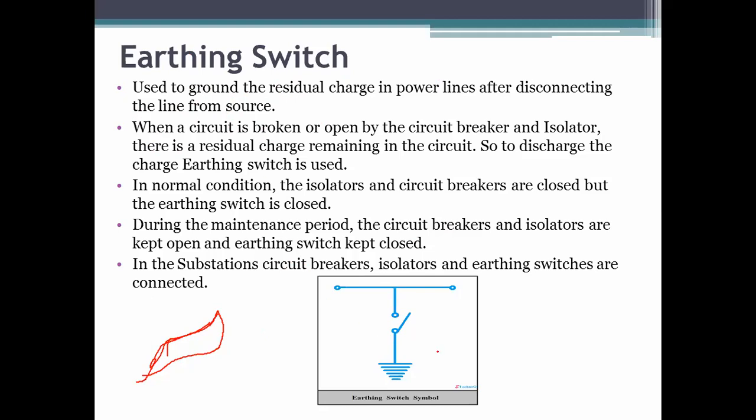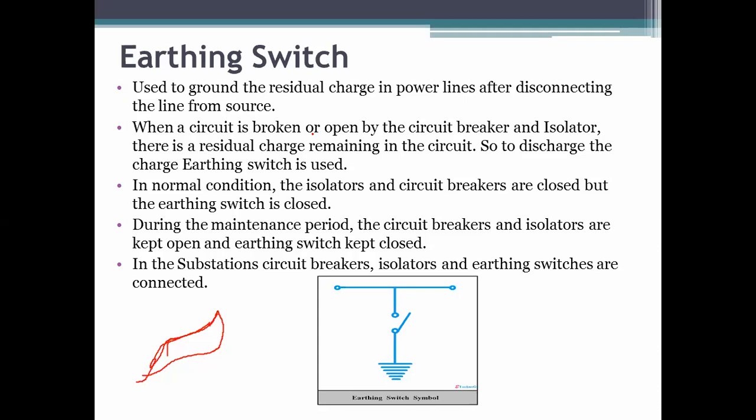So that will be given to the ground. By using this switch, that is nothing but the earthing switch. So this earthing switch is used to ground the residual charge in the power lines after disconnecting the line from the source.